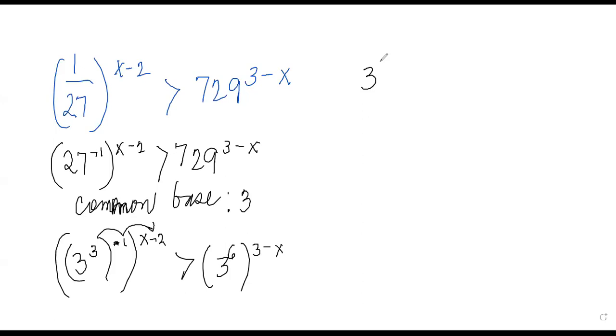That would be negative 3x plus 6... is greater than 3 raised to 18 minus 6x. Check nga, baka mali. O, tama. Okay, so now we can cancel the base.